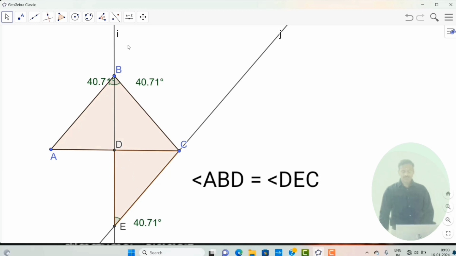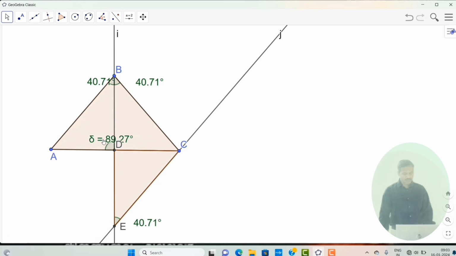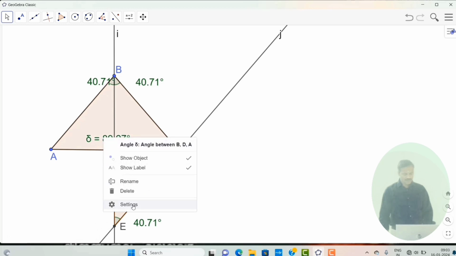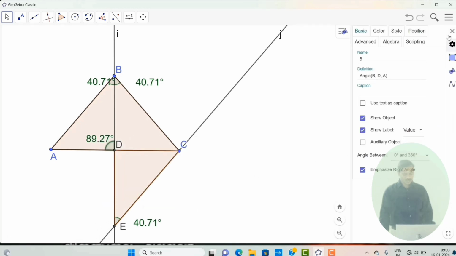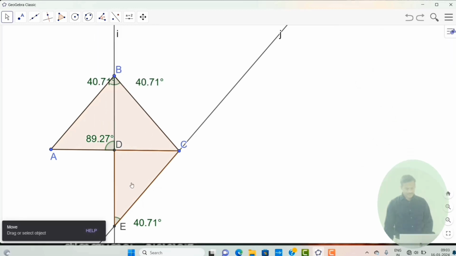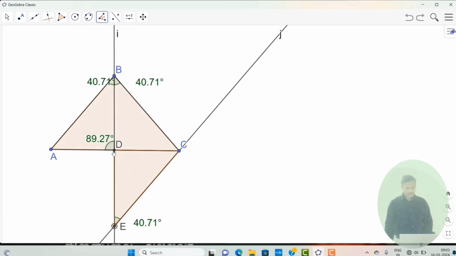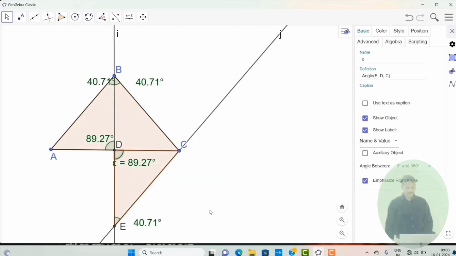Now let us check these alternate opposite angles. So it is 89.27 degrees. Let us keep the value alone here. So it is also 89.27 degrees.